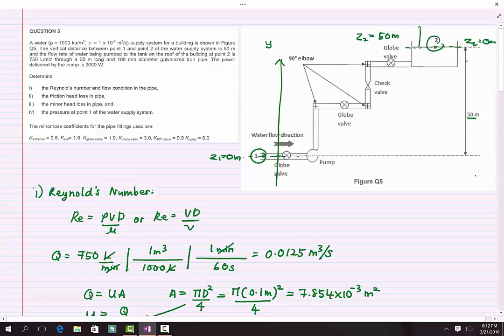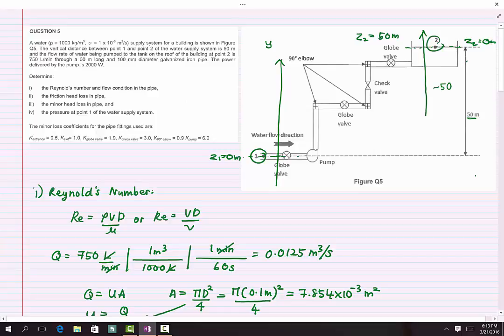If we draw the y-axis here, whatever values are below 0 meter will give you a negative value.